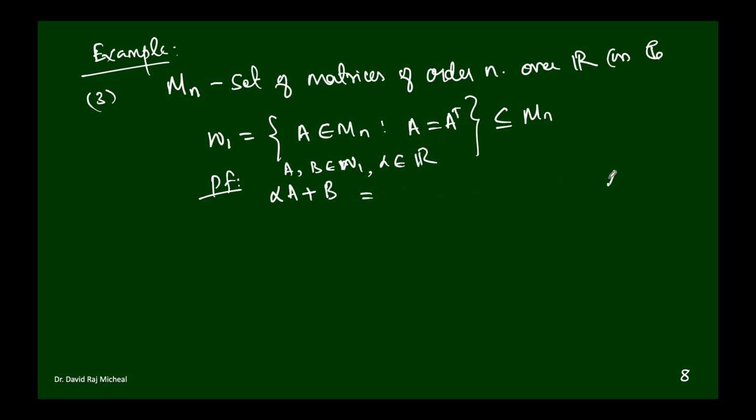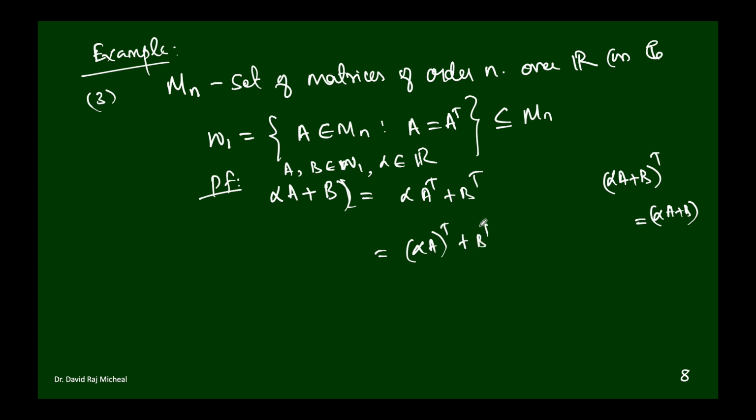I just have to verify that alpha A plus B whole transpose is the same as alpha A plus B itself. How do I verify that? It is very simple. Alpha A plus B whole transpose is alpha A transpose plus B transpose, because A belongs to W1. And this is equal to alpha times A transpose, that is, alpha A transpose, plus B transpose.